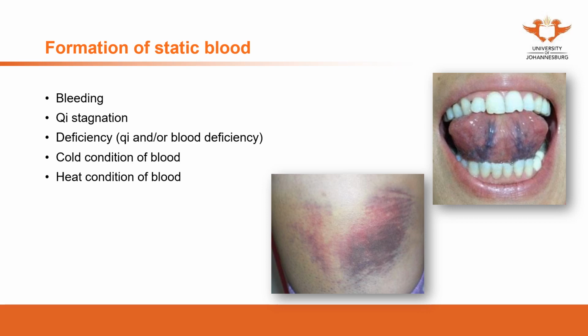The fourth one is the cold condition of blood. Then you need to think about the characteristics of coldness. When we talked about the six exogenous pathogens, the characteristic of coldness is that it slows down the circulation. This is very similar to putting the body in a fridge or even a freezer.